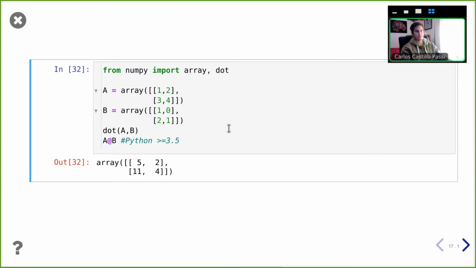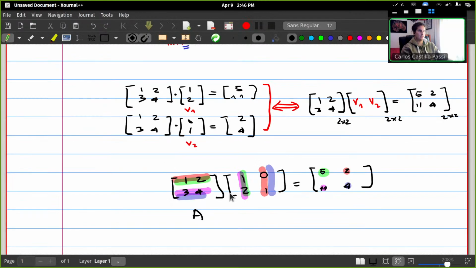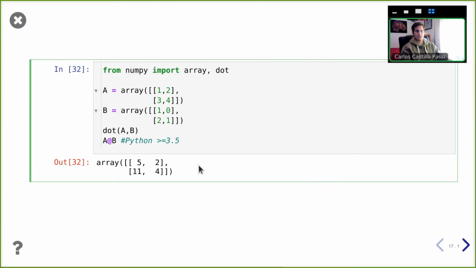If we do A times B, you get 5, 2, 11, 4. And as we can see, the elements were 5, 2, 11, and 4. So basically, this is the way you can do matrix-matrix products in Python.